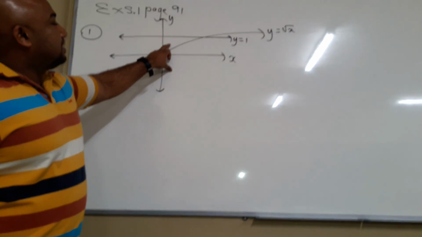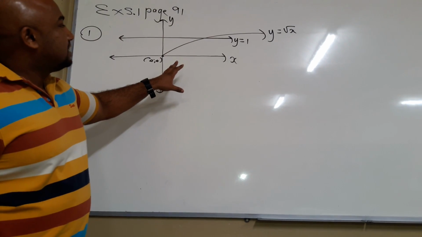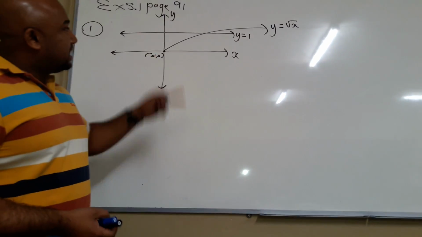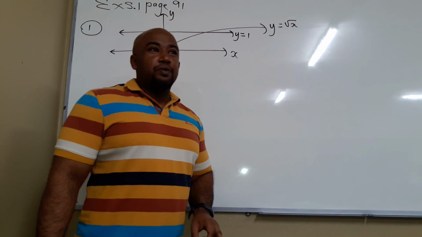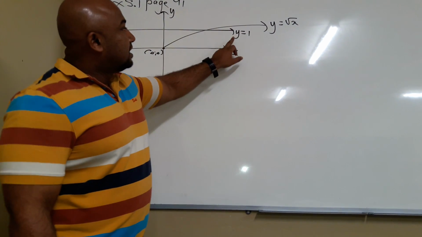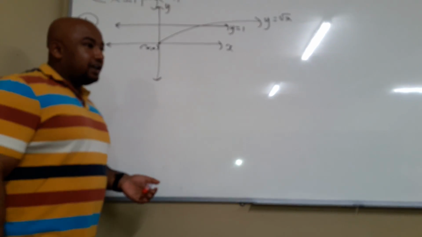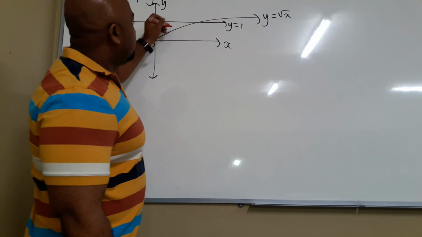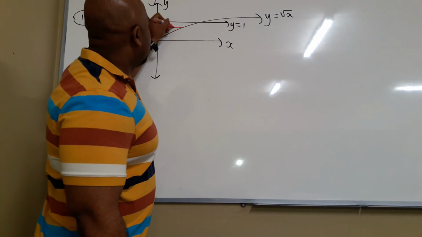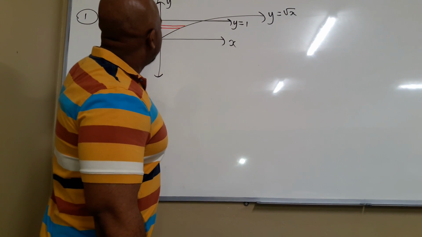Right, so yesterday we were dealing with this question. We sketched the graph y is equal to square root of x, the graph y is equal to 1, and we chose to use delta y as a representative element.